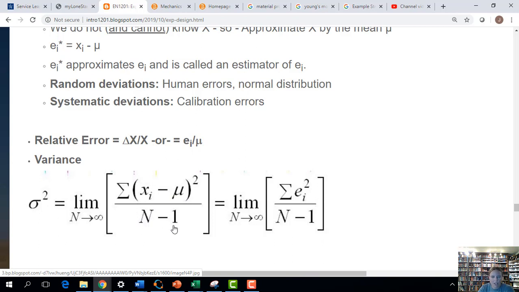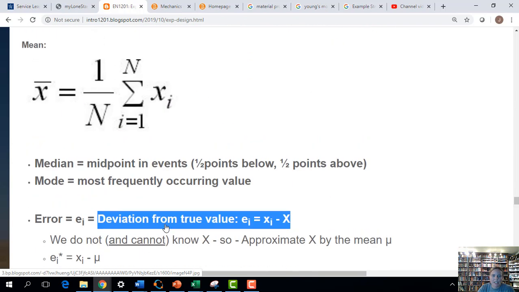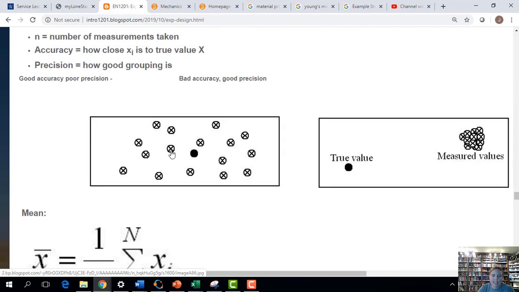And I'll walk through one of these calculations in Excel for you so you can see this calculated out. But the idea here is we're going to quantify the distance between each of these individual points and where the average is. So again, that would be your precision, just how large the scatter is and what's the average distance away that we are for each of these points.